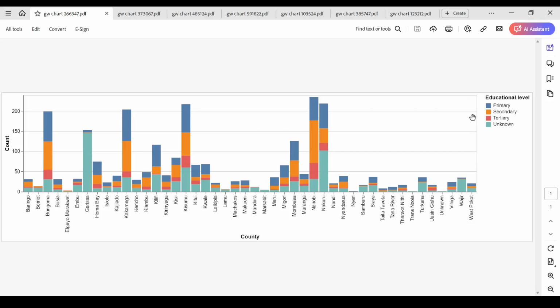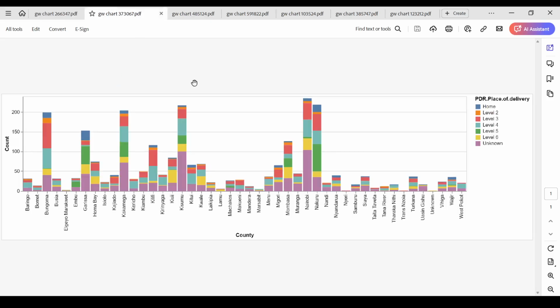So you can see by education level. Of course, you can rename your variables, so that it looks better according to how you want it to appear in your plot. You have by place of delivery, and you can already put those plots in your report.